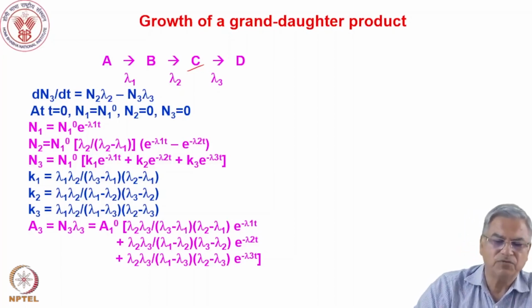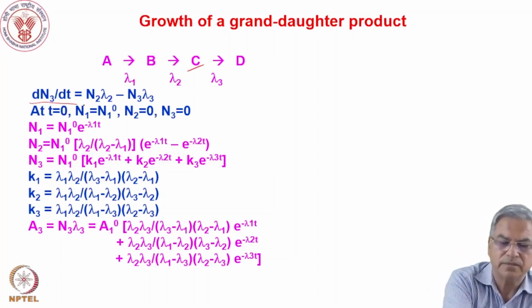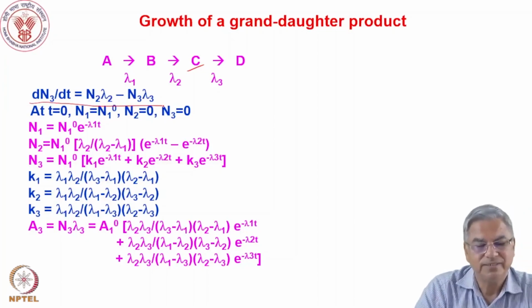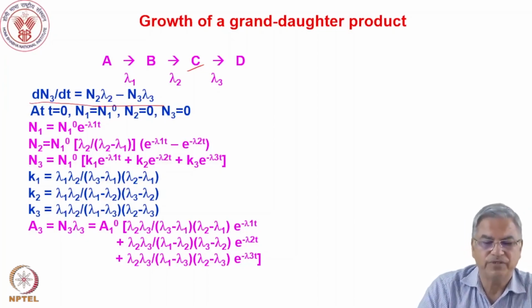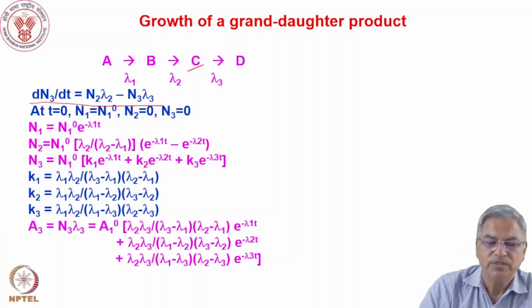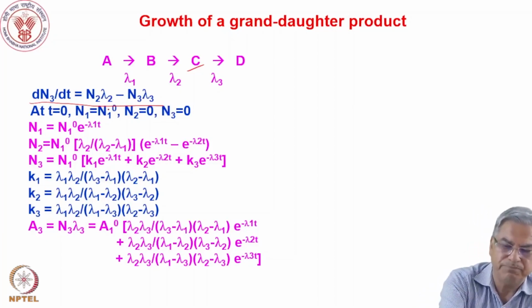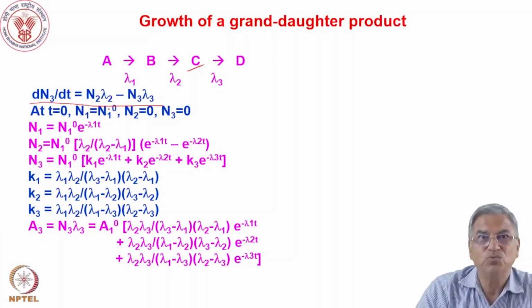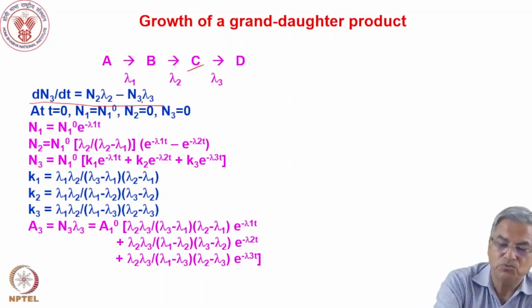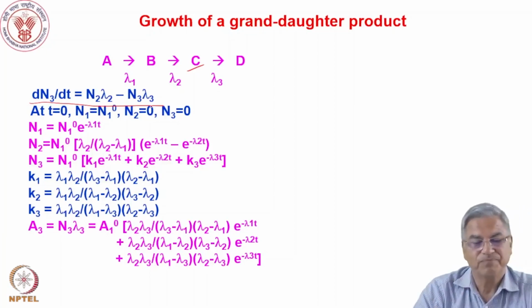So to set up that equation, you can write dN3 by dt, that is the growth of the C atoms as a function of time, equal to the growth of C from B, that is N2 lambda 2, minus the decay of C to D, N3 lambda 3.